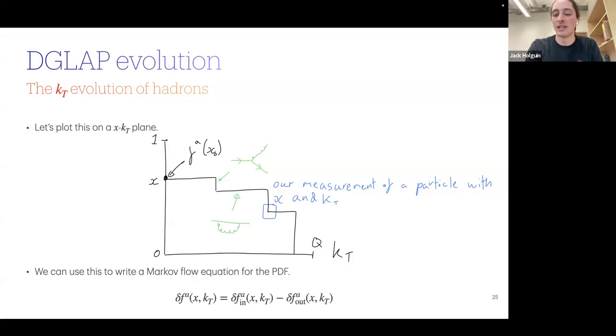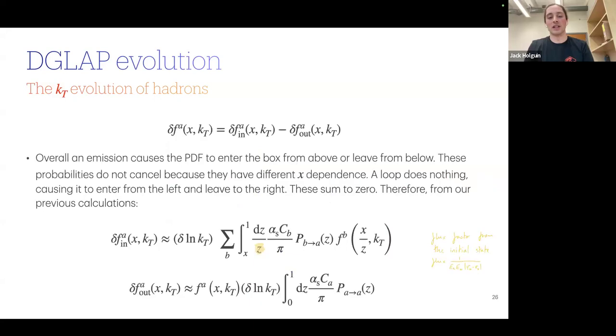Flowing in from the top means we start with some parton distribution function of a higher x value and it goes in, whereas flowing out the bottom means we start with a lower x value that started inside the box and then flows out. And so the two terms that matter are these here. Going through the flowing in term, this delta log kt, that's the width of the box we're measuring. It's a log kt because we have this kt divergence, so it's delta kt over kt.